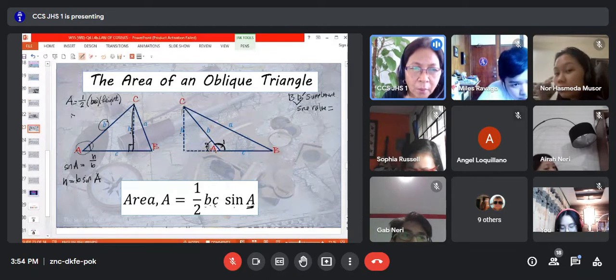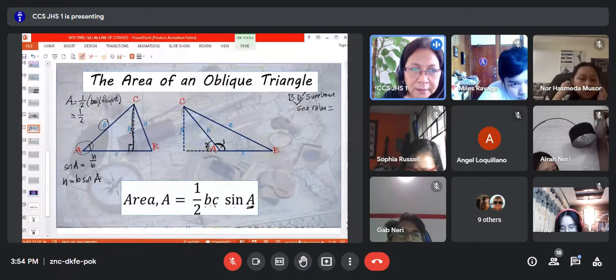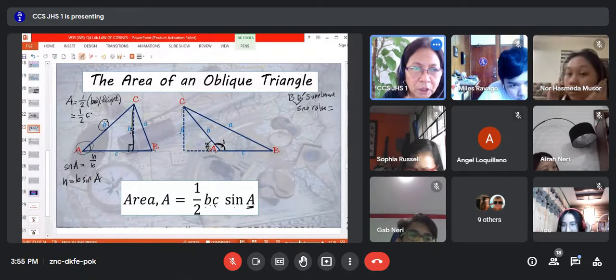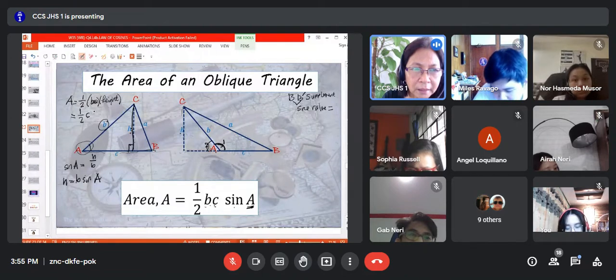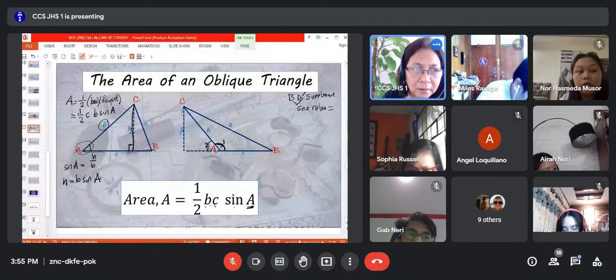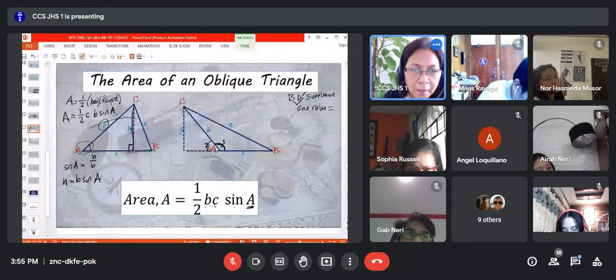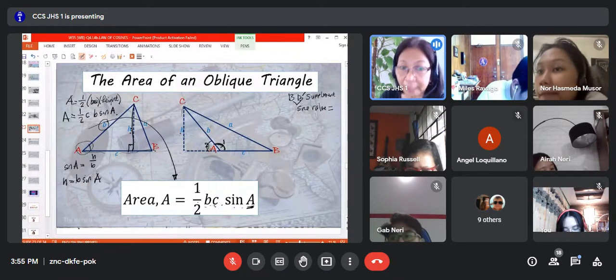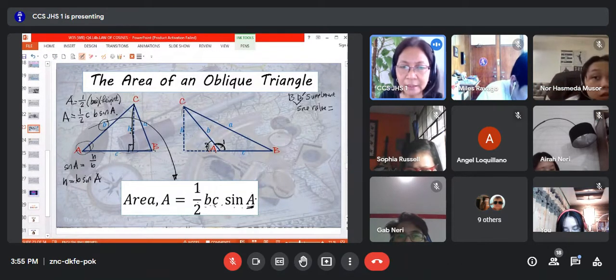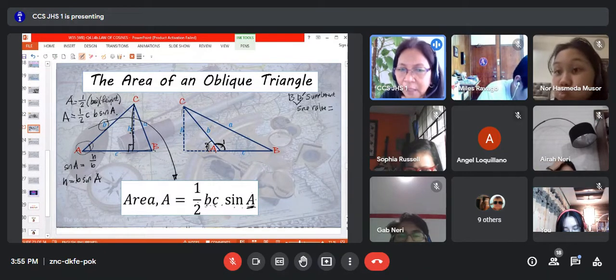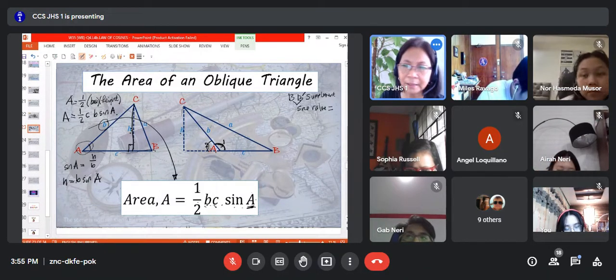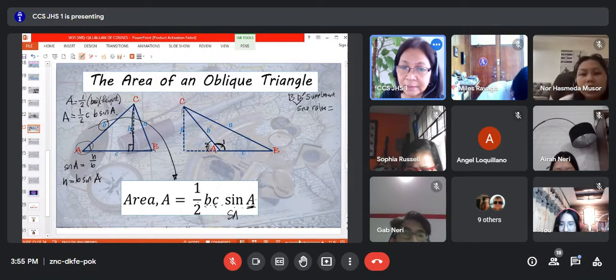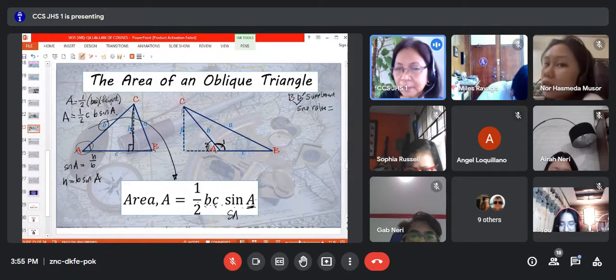So using the formula 1/2, our base is C and our altitude is B sine A. Multiplying these two gives us this formula: 1/2 BC sine A. Again, angle A is the included angle of length B and length C. SAS.